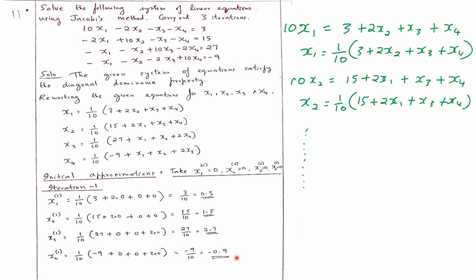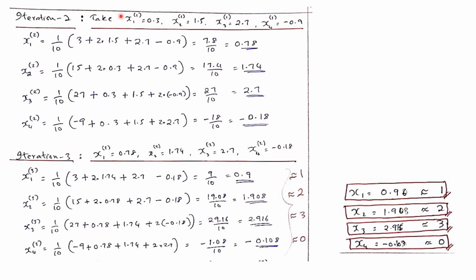Now for iteration 2, all these values become the new x1, x2, x3, x4. Initially we took all as 0. Now for the second iteration, you take x1 as 0.3, x2 as 1.5, x3 as 2.7, and x4 as minus 0.9.